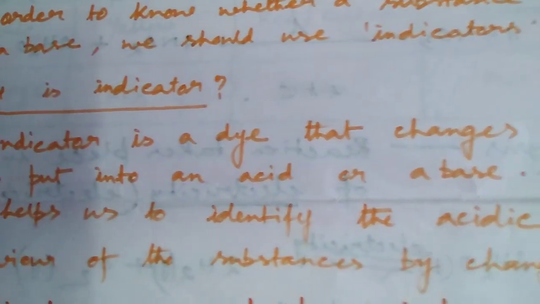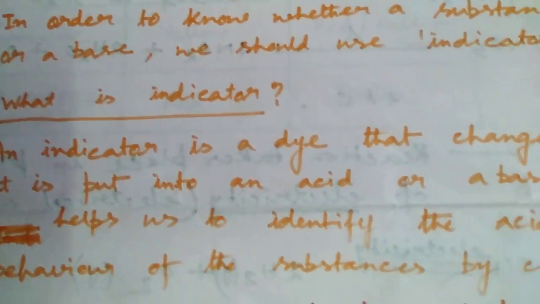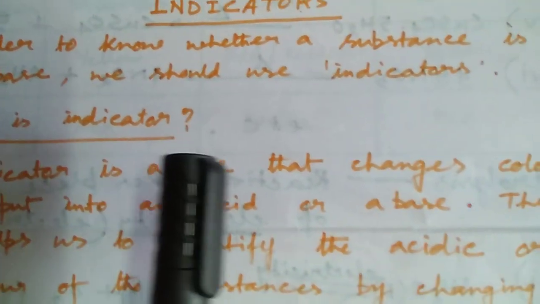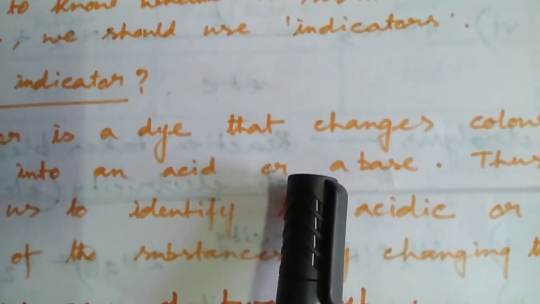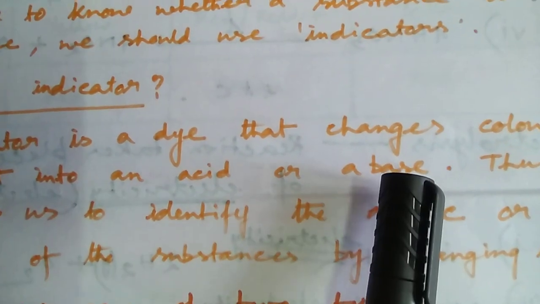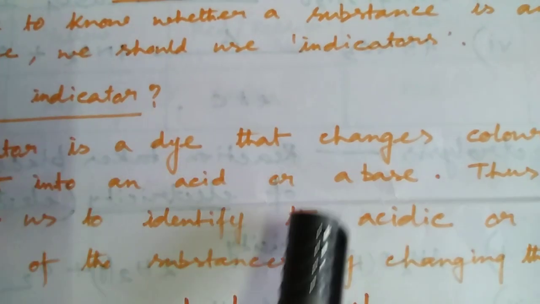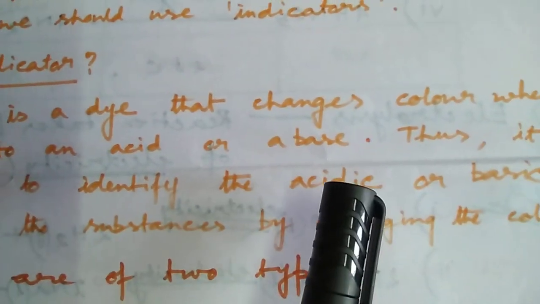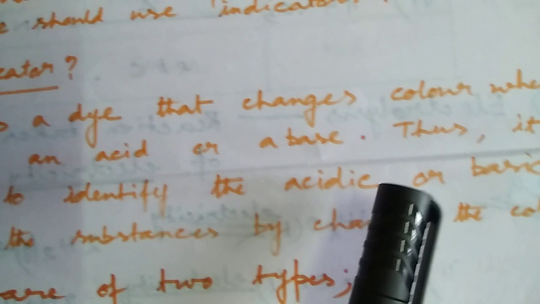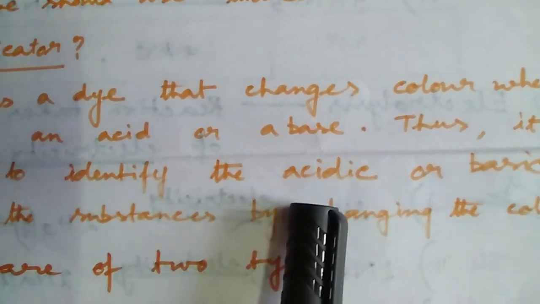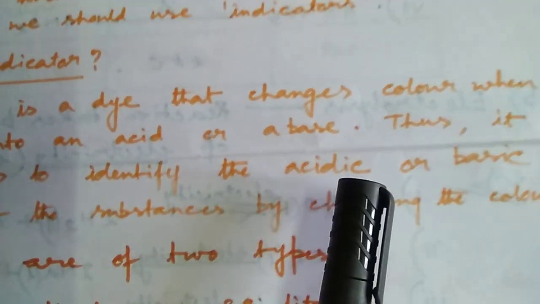Indicator means the chemical or substance which can change its color in acidic or basic medium. That means they will show different colors in acidic and basic medium. By seeing their color, we will be able to detect the given substance as acidic or basic or neutral.